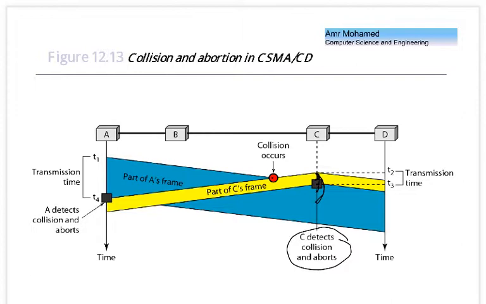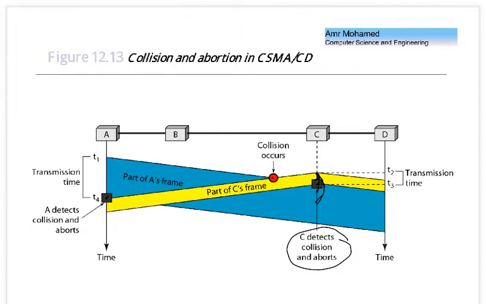Same thing, A will detect the collision at time T4. So A will abort the transmission at T4. So the abort time is different for each node.